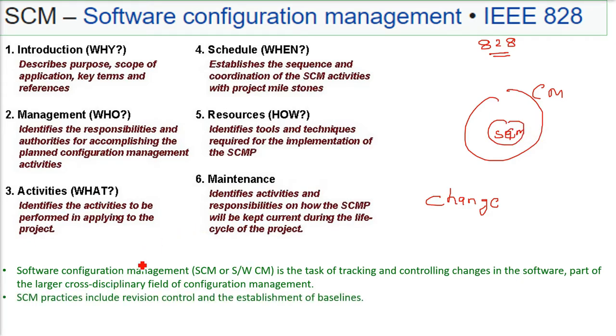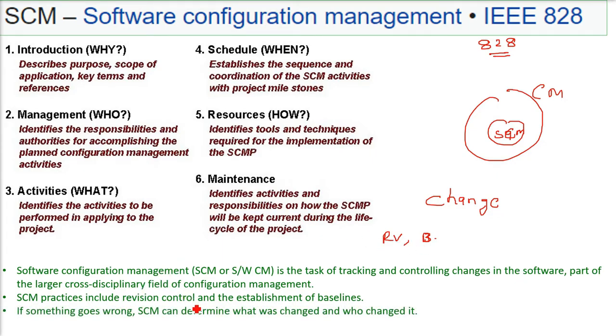The practices in SCM include revision control, that is, which version of the different documents and deliverables you are giving to the stakeholders or users, and the establishment of baselines. If something goes wrong, with Software Configuration Management, IEEE 828, you can determine what was changed, who changed it, and when it was changed.